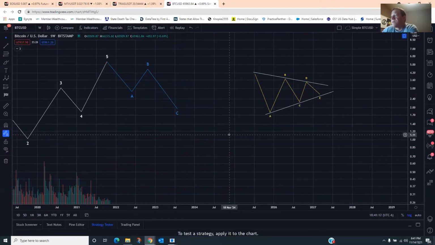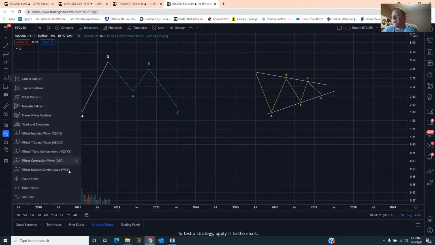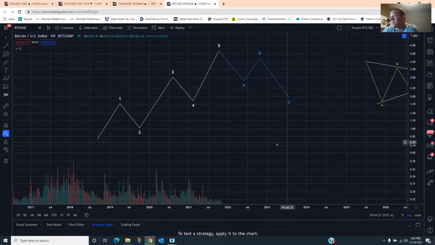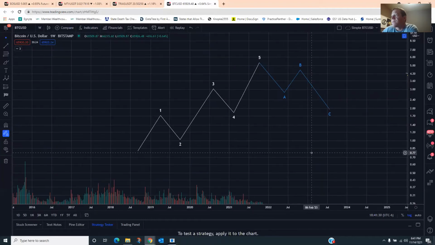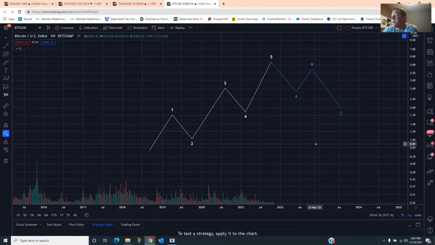And then there's also a complex corrective wave, which can be denoted as, you can see over here in the tools, a WXY or a WXYXZ. Again, not going to get into those right now. Those are very complex and would require a whole other video, which I will do eventually. Just wanted to dive into the basics here.